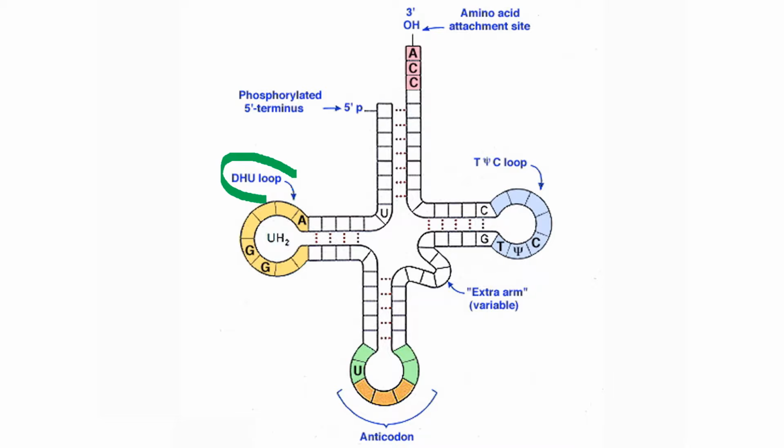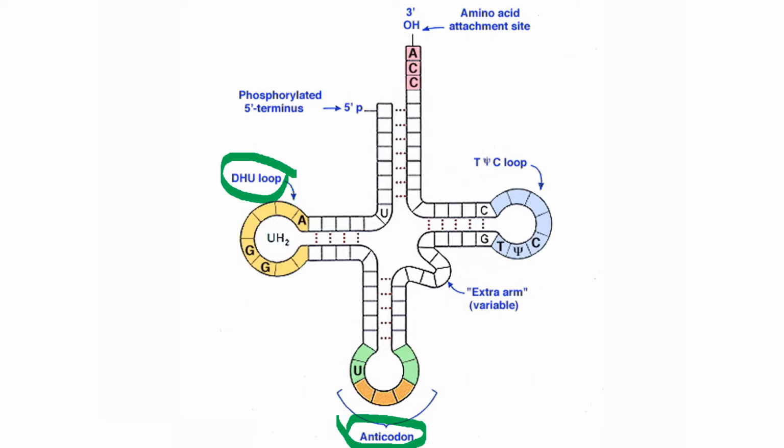There's a DHU loop. The DHU loop contains a modified base called dihydrouridine. We'll take a look at that structure in a moment. There's the anticodon loop. The anticodon loop contains a sequence that is complementary to the codon and recognizes a specific amino acid codon on the mRNA.